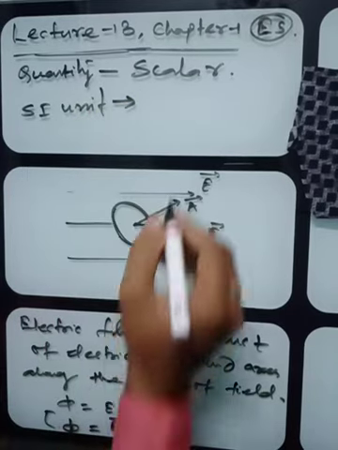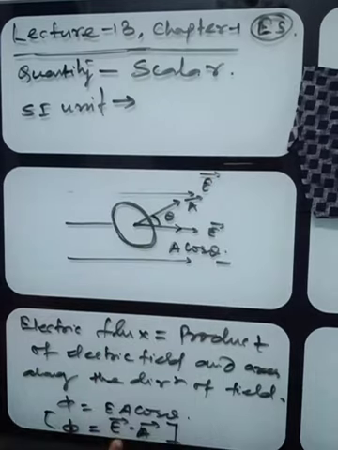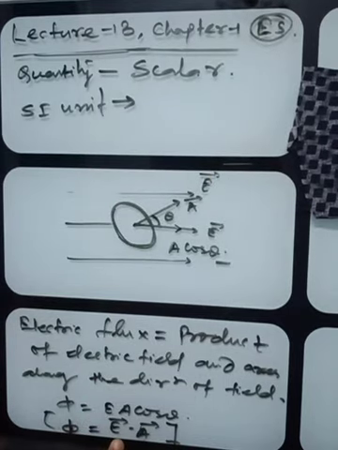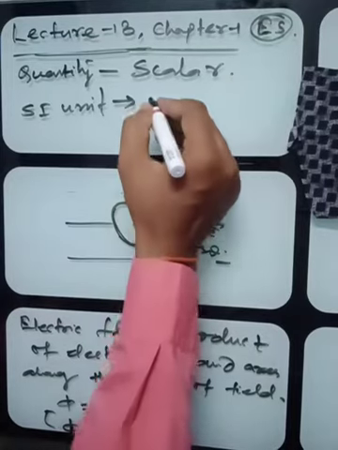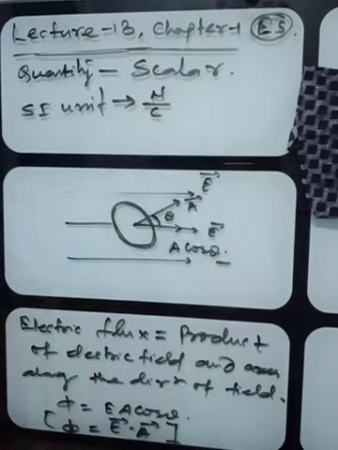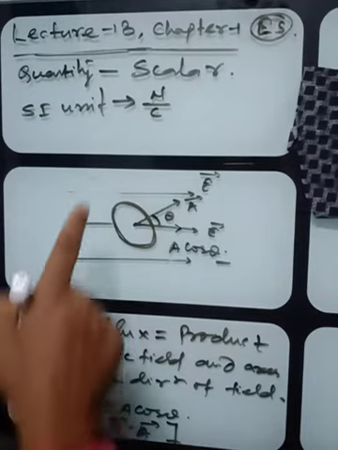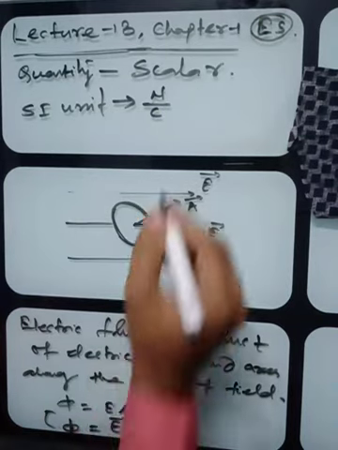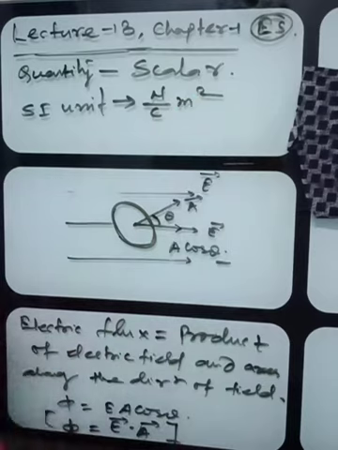Since phi is E A, and the SI unit of E we have studied already, it is Newton per coulomb. That is the force per unit charge, Newton per coulomb, and this A will give you meter square.